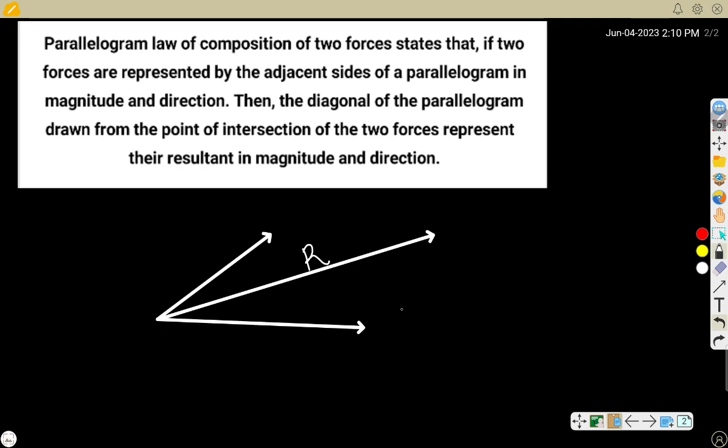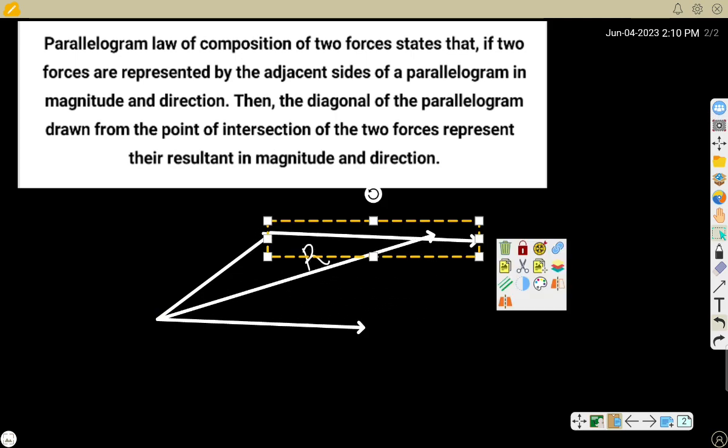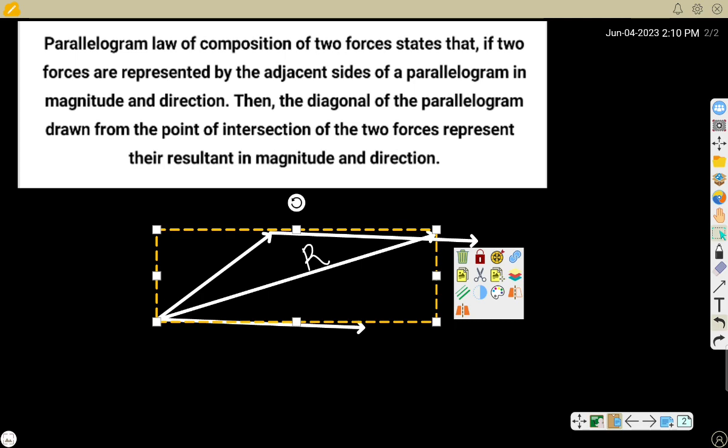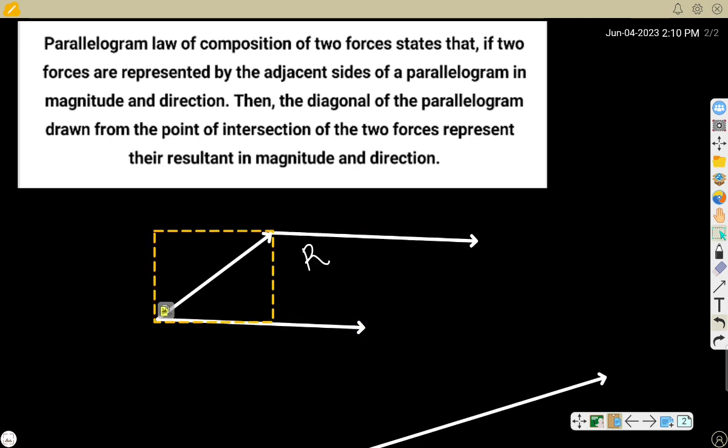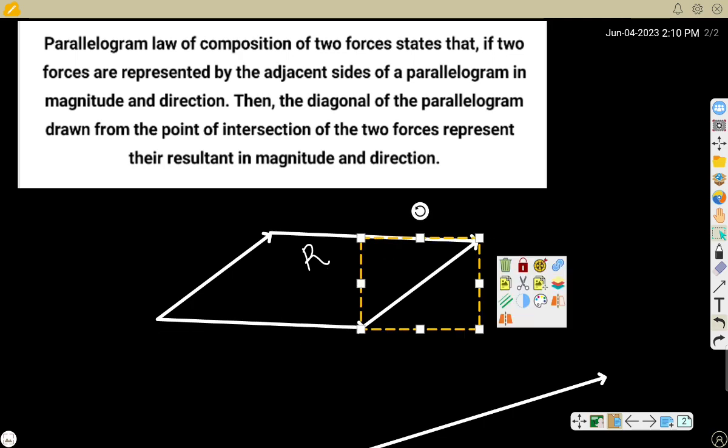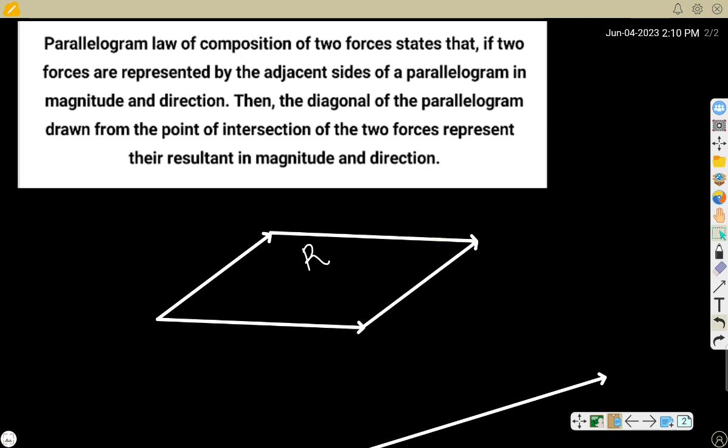So if you want to complete this to form a parallelogram, that is when you can move this one, let's say this way, and this one, you see, so it has formed a parallelogram.